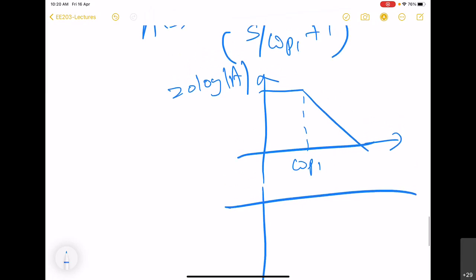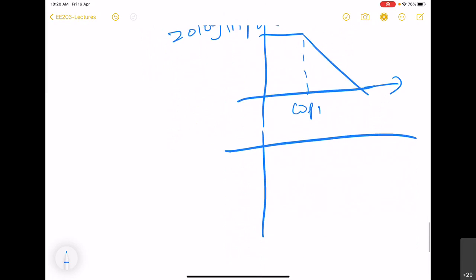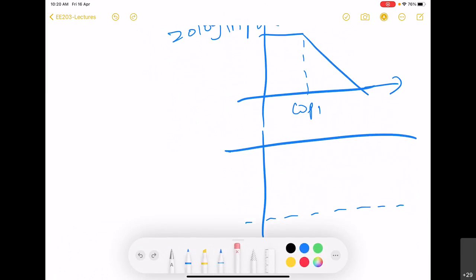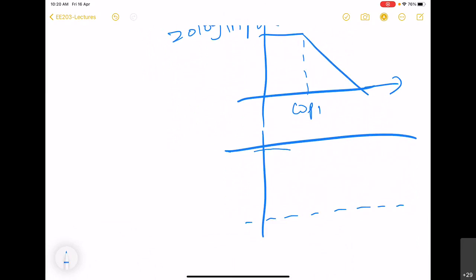It will start from 0, and it will attain a maximum value of 90 degree. And it will attain the value of 45 at this point.